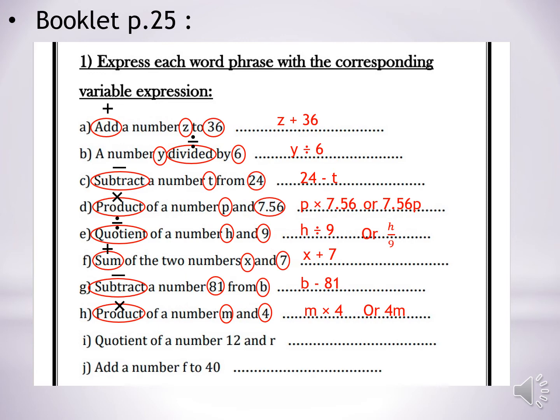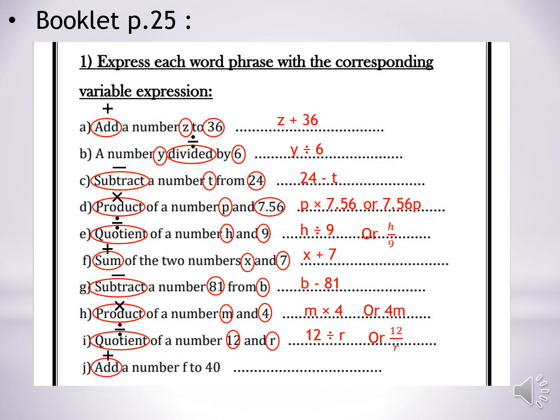Letter I, quotient of a number 12 and r. Quotient, this is the keyword for division. 12, this is my number, and r, my symbol. So it will be 12 divided by r. J, add a number f to 40.